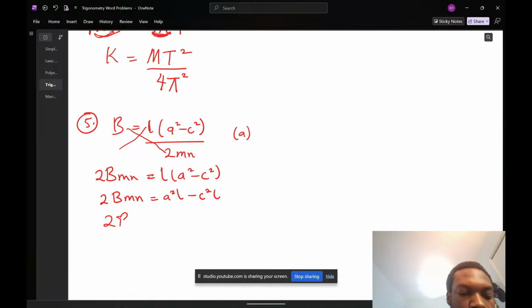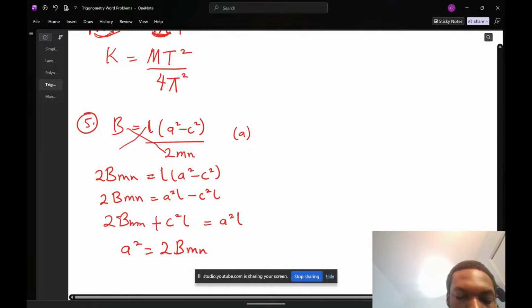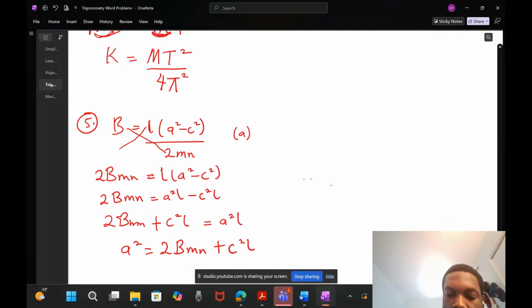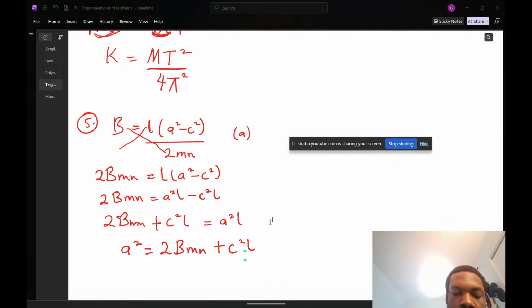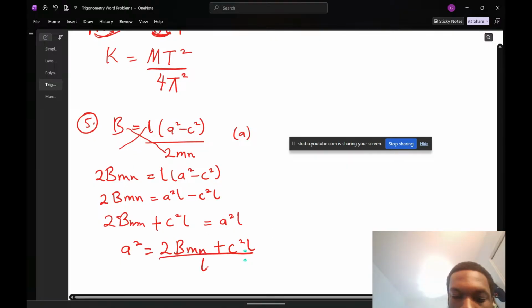So that'll be 2BMN plus C squared L is equal to A squared L. So we can make it as A squared is equal to 2BMN plus C squared L divided by L. Okay.